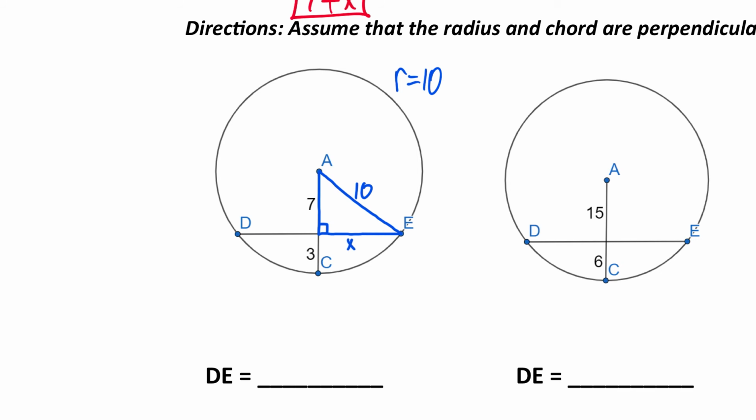So how am I going to find that side right there? Yeah, the Pythagorean Theorem. So I'm going to go 10 squared minus 7 squared, square rooted.